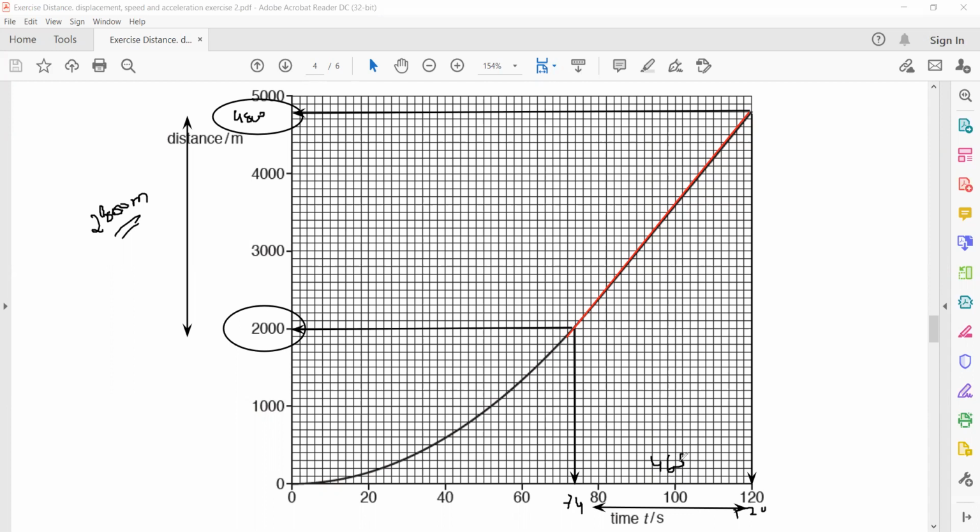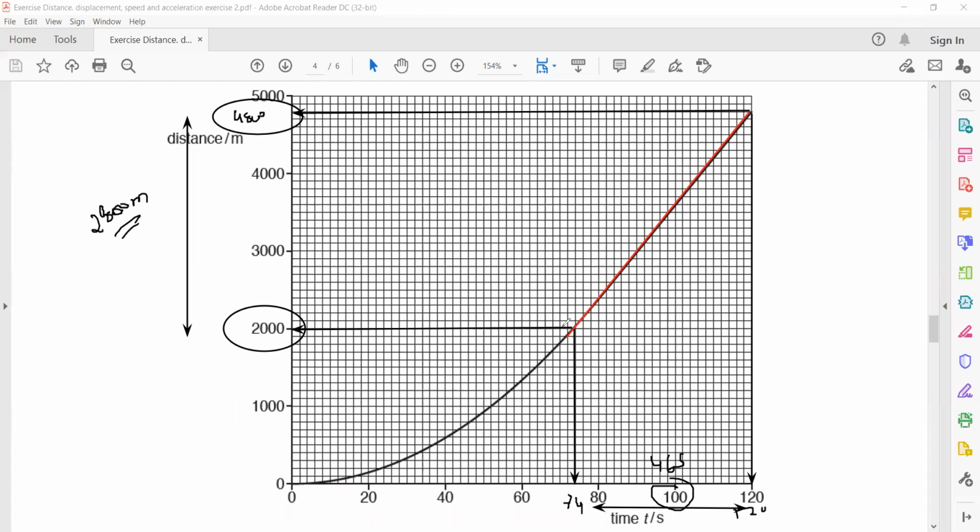The question was to calculate the speed at 100 second. When we check the graph at 100 second, it is a straight line. So it means in this part, speed does not change. So we can find the speed of this part, and that is the same as the speed at 100 second, because the speed does not change due to the straight line.